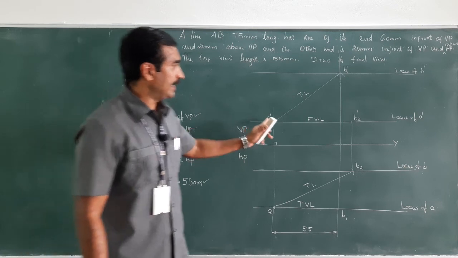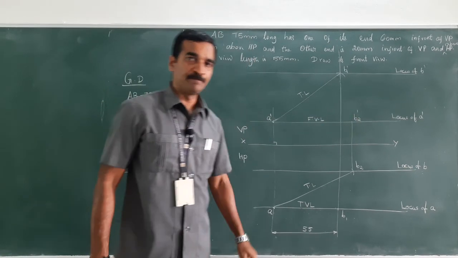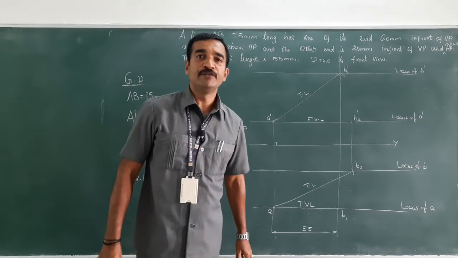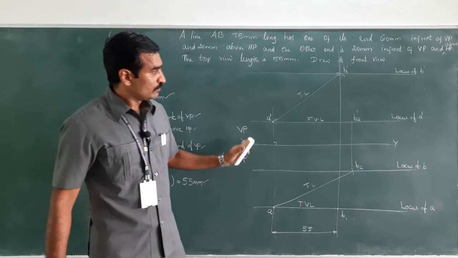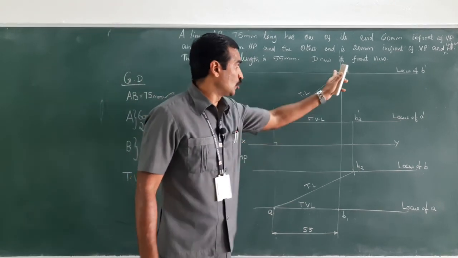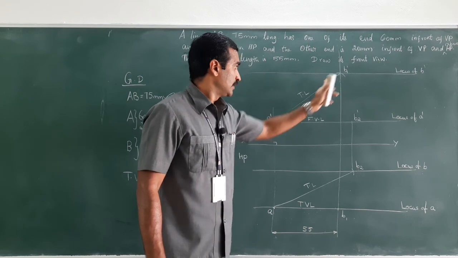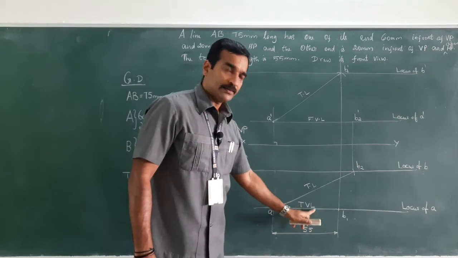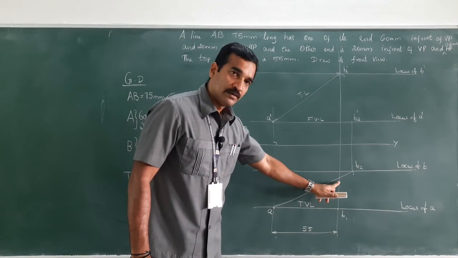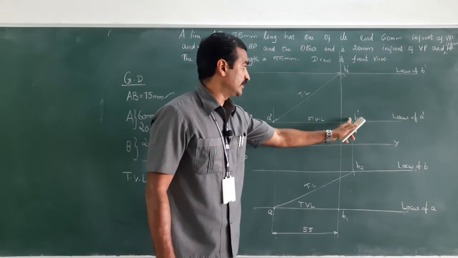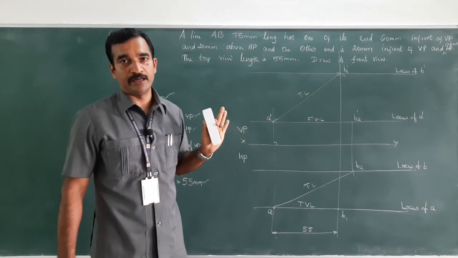Now, we got the projection for the true length. This is the true length on the top view, and its projection, the front view length, has been obtained.